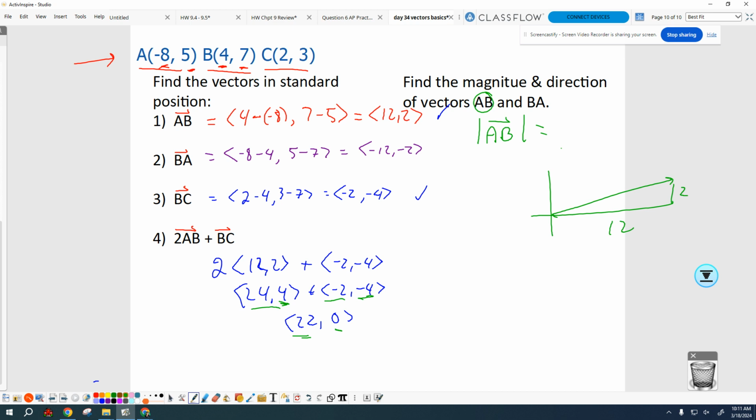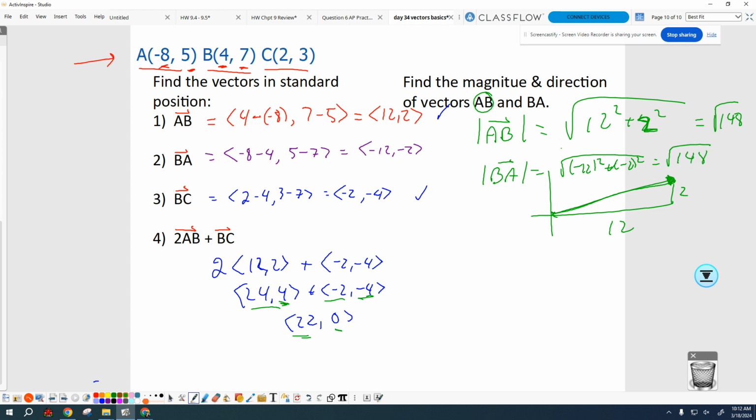The endpoint is 12, 2, and we put an arrow on it to say, if I started here, I was walking this direction. So Mia, how would you find the hypotenuse of that triangle? Pythagorean theorem. 12 squared plus 2 squared, which is the square root of 148. The magnitude of BA is going to be the same thing because negative 12 squared became positive, negative 2 squared became positive, and that's 148.